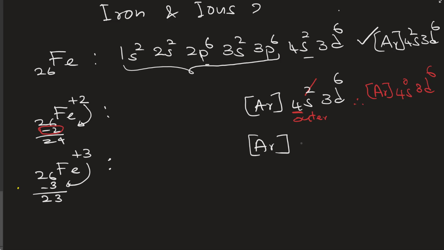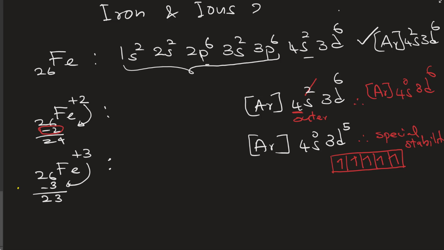Now, because there was 3d6, we can steal 1, and then you get 4s0 3d5. Now look at 3d5. That's 5 electrons, perfectly half filled. That's why Fe3 plus is pretty stable, special stability, half filled d.